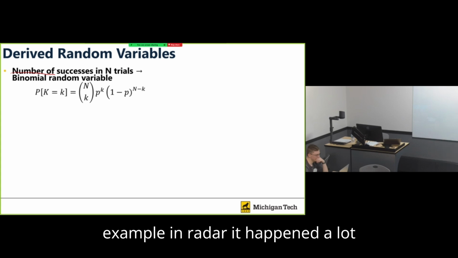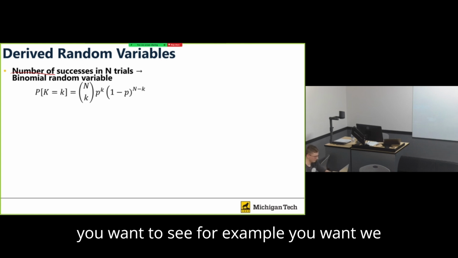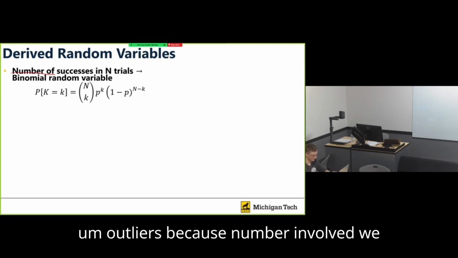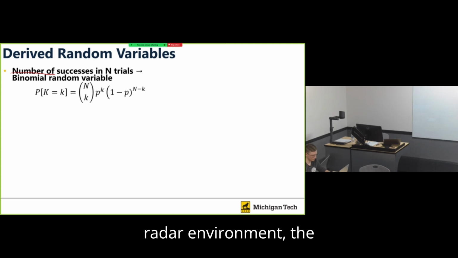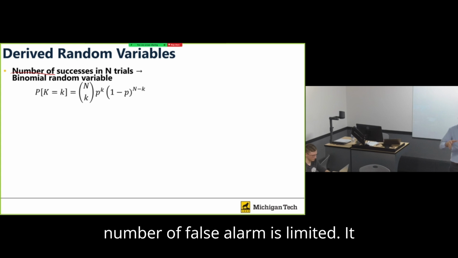For example, in radar, it happens a lot. False alarm, of course. When we want to model false alarms or outliers, because a number is involved, we want to say that in this radar environment, the number of false alarms is limited.